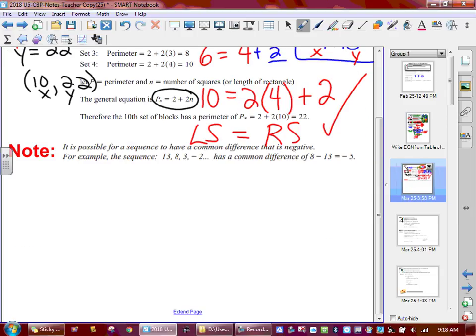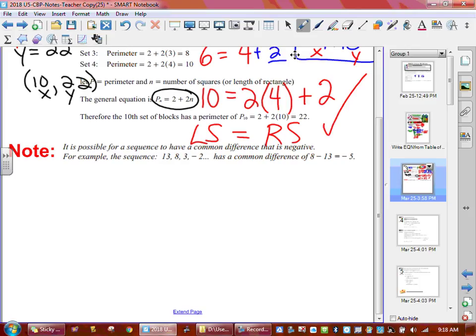Now, here's a special note. It says, is it possible for a sequence of numbers to have a difference that is negative, which means they're going down or subtracting numbers? Is that possible? Yeah, you bet it's possible. So that means I could have a number that starts at 100, and I can start subtracting 5 every time.